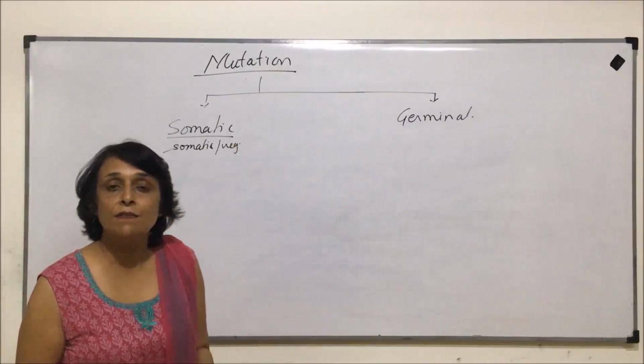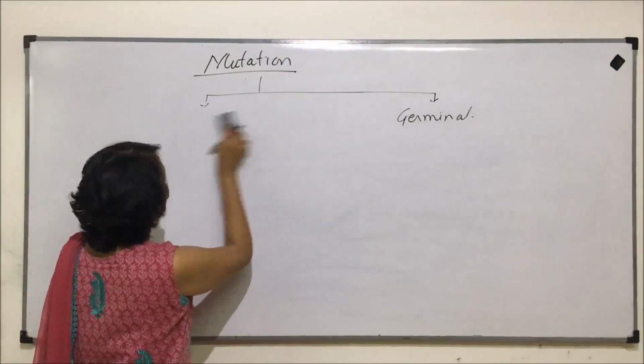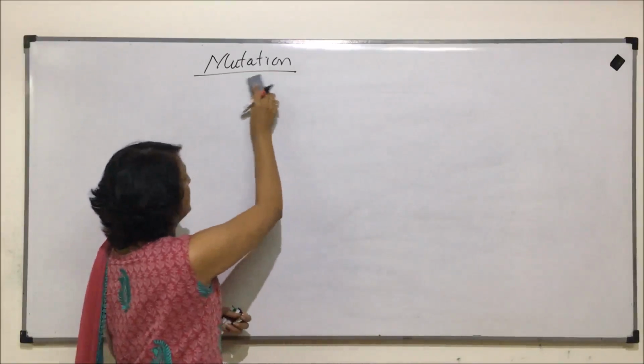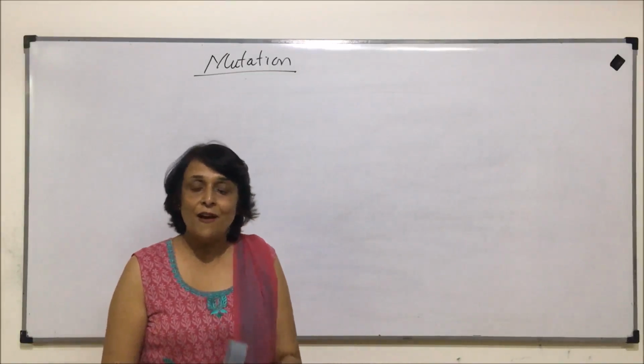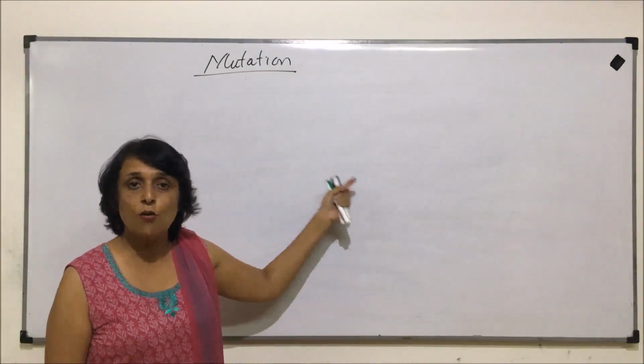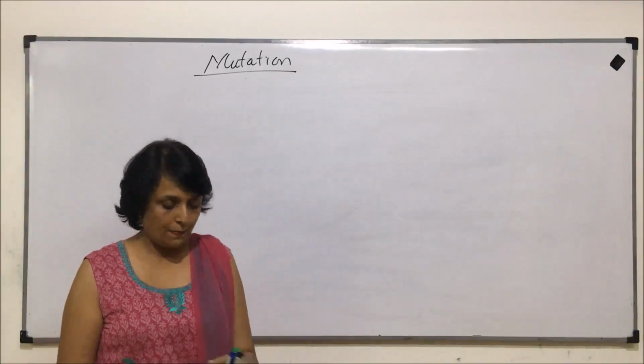So this is another way of classifying mutations. And we have to remember that mutations are invariably harmful mutations. So to classify, we can take chromosomal or gene mutation, or the cells in which these mutations can take place.